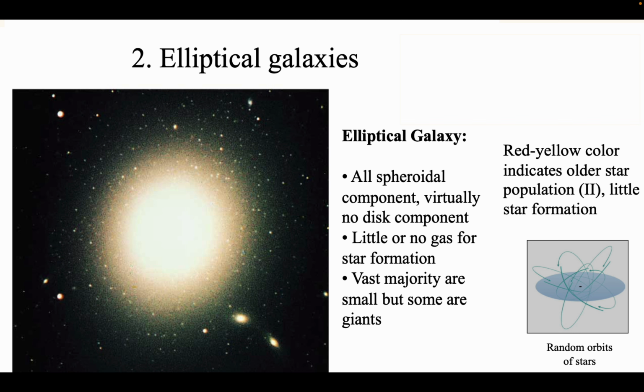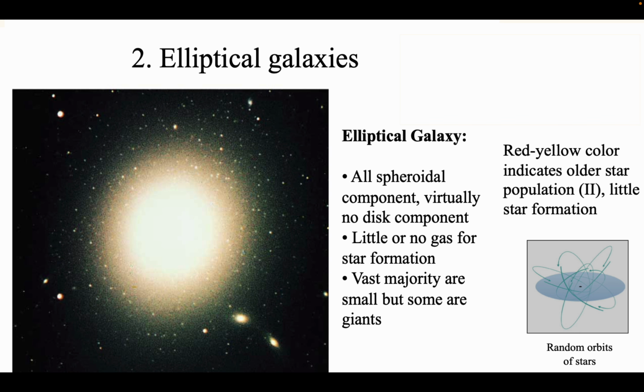So when we see ellipticals, we say that their star formation is very low. They have the star formation fuel, but it is not efficiently forming stars. Elliptical galaxies have a low star formation rate.